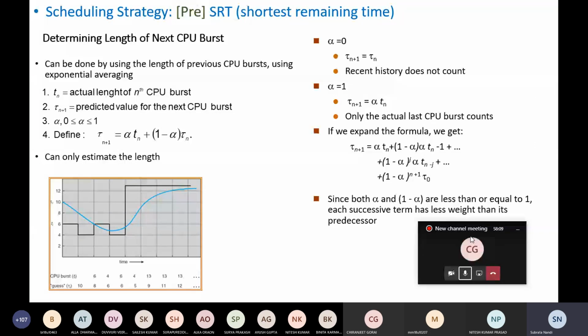So there are several possible ways we can estimate. A simple thing is that it can be based on history. Say you know that I often take some time to start the class, so often I delay the class. Can you guess how much will be the delay to start the class in the next lecture?